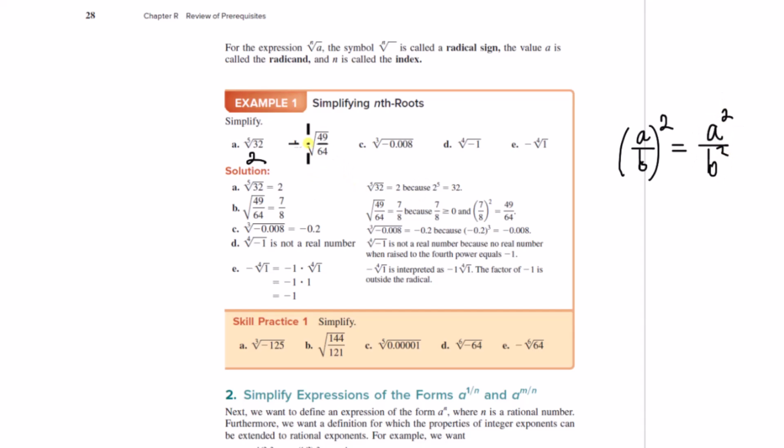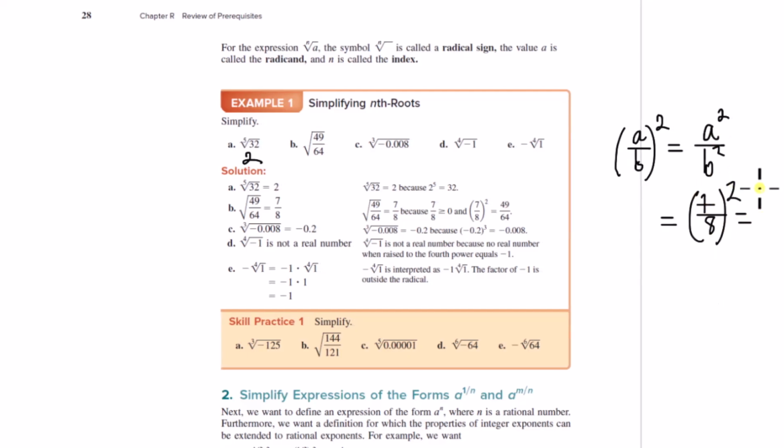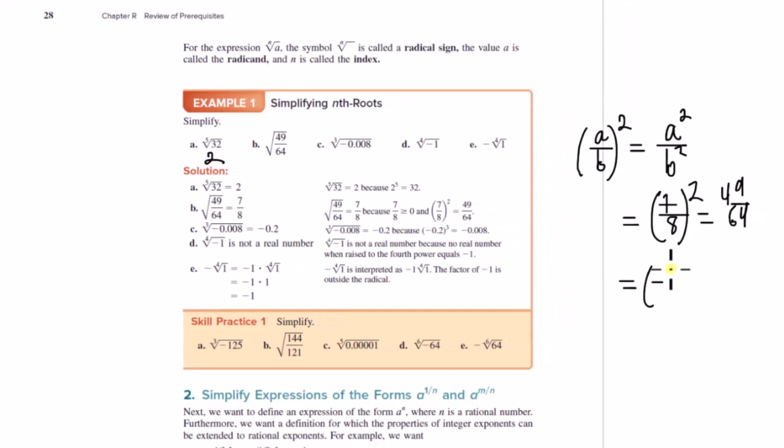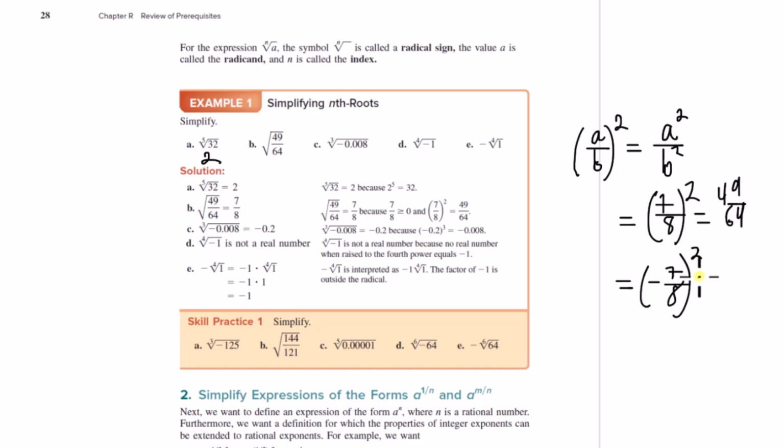So we can think about, what number when you square it do you get 49? Well, that's going to be 7. What number when you square it do you get 64? Well, that's going to be 8. So 7/8 squared is going to be 49 over 64. But also the negative is going to give 49 over 64. But we're going to return the positive, so 7/8.